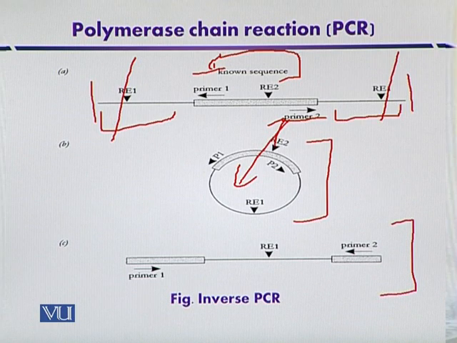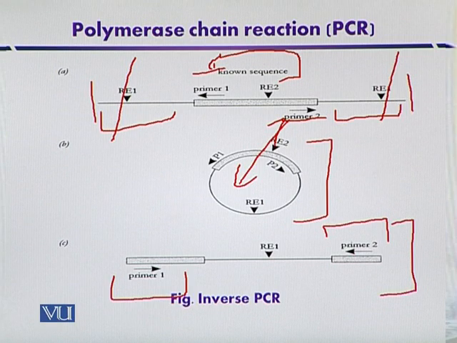Now we have the sequences that are known at the ends, like here we can bind the first primer, then the second primer, and we can then continue the amplification of the region which is unknown. So by digesting the known sequence we can invert the DNA target sites. Because of this reason it is called inverse PCR, and this inverse PCR is used to amplify the sequences of the unknown region.